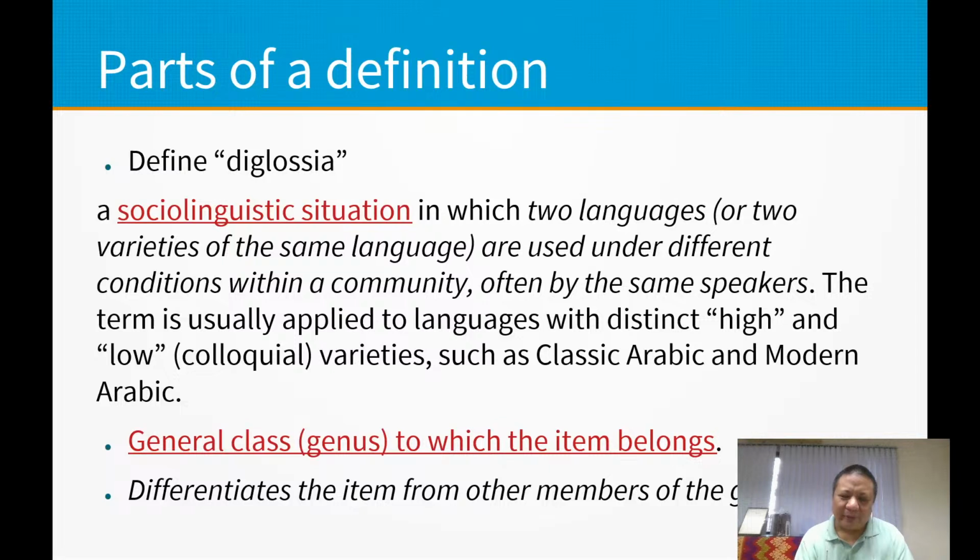And then the words that are italicized are what is called the differentia. The differentia differentiates the item from other members of the genus. So that is the way to define a word. You give the genus, the domain to which the word belongs, but you also give the differentia, which differentiates that word from other members of the same domain.